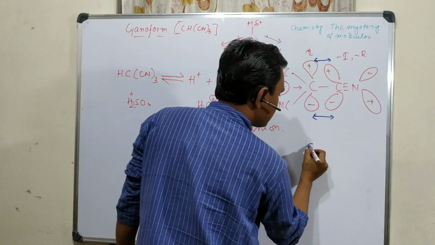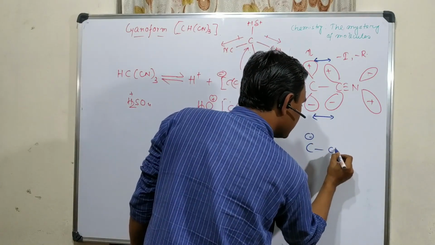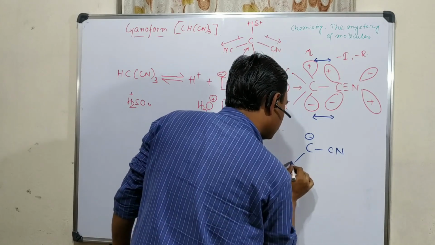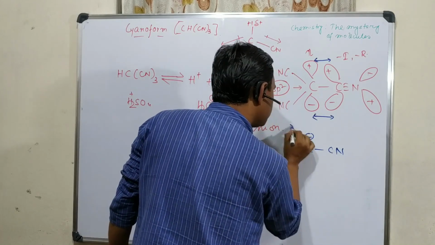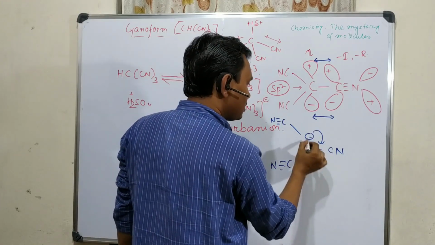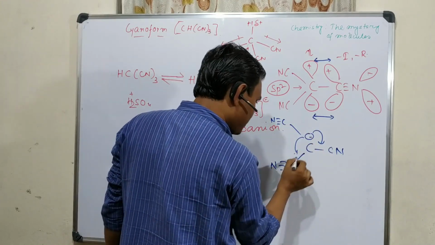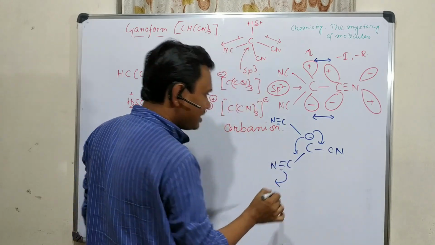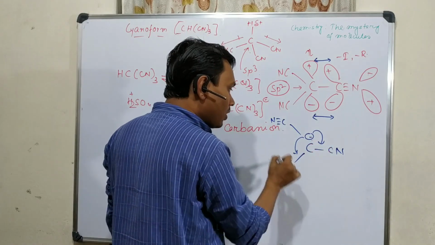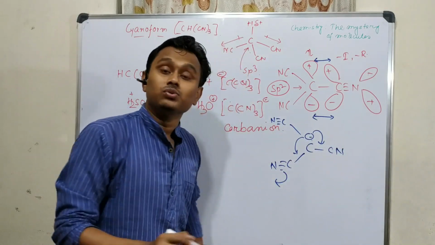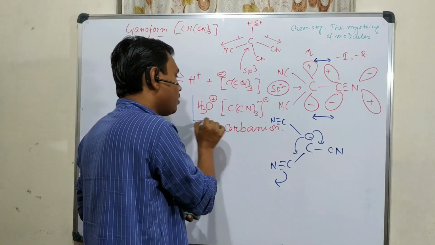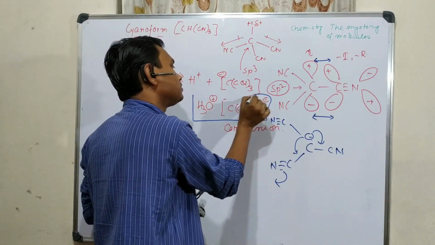And this resonance is possible to the other cyano groups also. It gives electron, it comes. So that means this negative charge is delocalized over the entire molecule. That is the reason for the exceptional stability of this molecule.